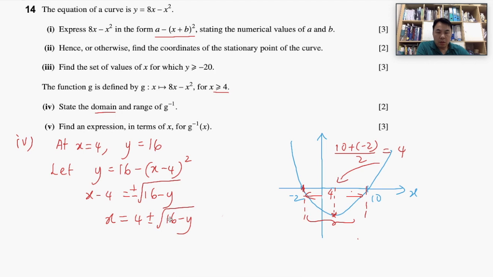So since it's greater than 4, we can conclude that the inverse function for g(x) is equal to 4 plus the square root of 16 minus x, knowing that the domain must be greater than or equal to 16.